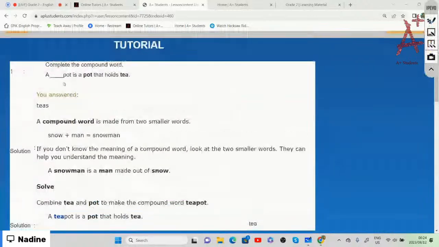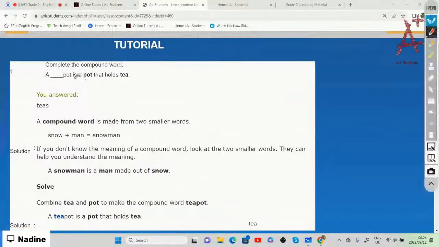A pot that holds tea. So we need to say what is a pot that holds tea. A pot that holds tea we call a teapot, right? So a teapot is a pot that holds tea.